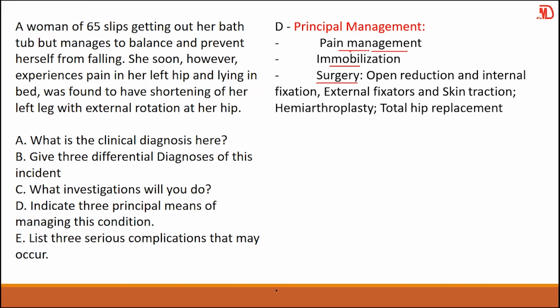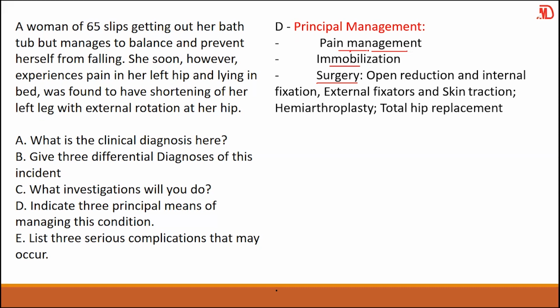If immobilizing the patient is not really helping, you can do surgery. And under surgery, we can talk about the open reduction and internal fixation. So you open and you fix it internally. You can also use external fixators and skin traction. Then you can do hemiarthroplasty.